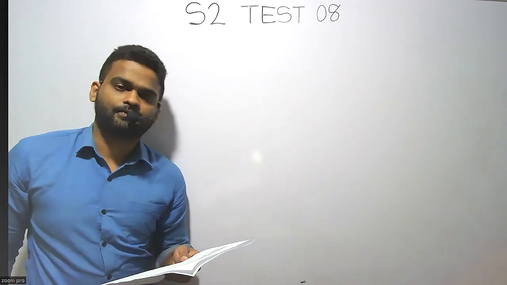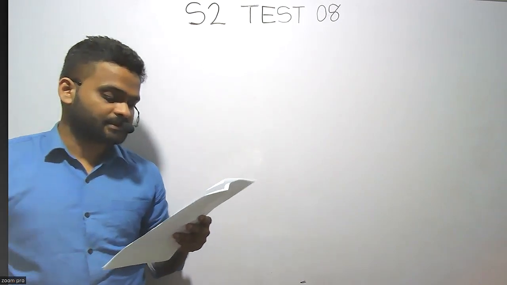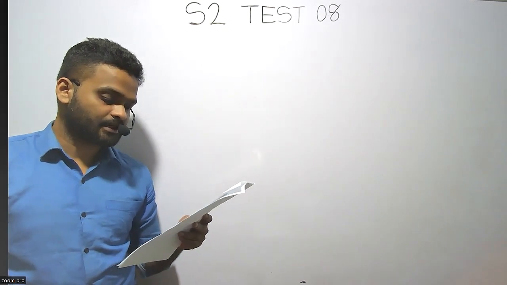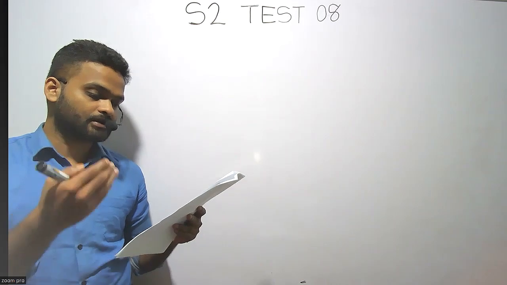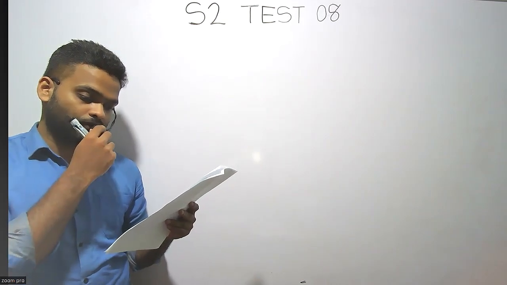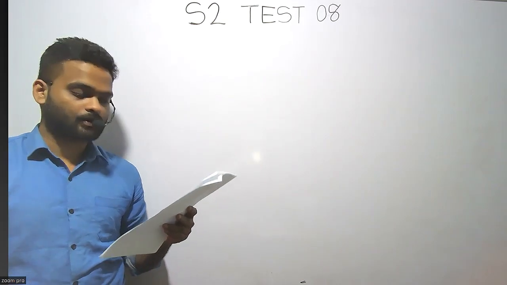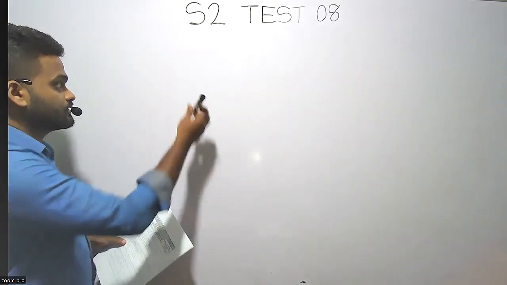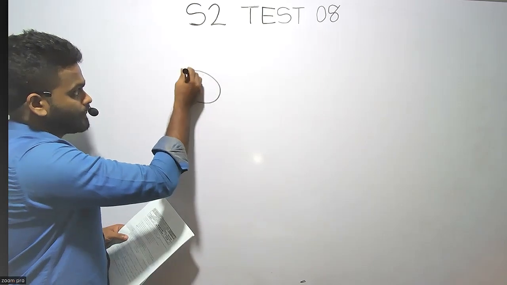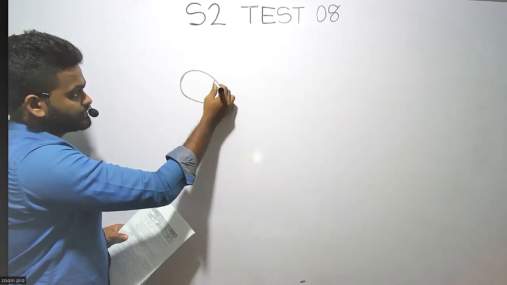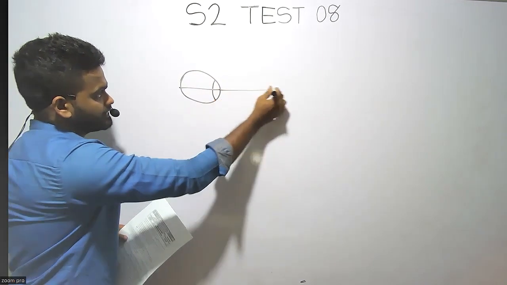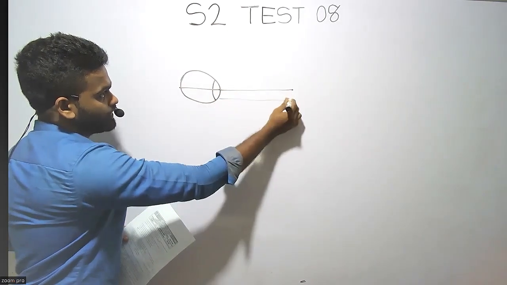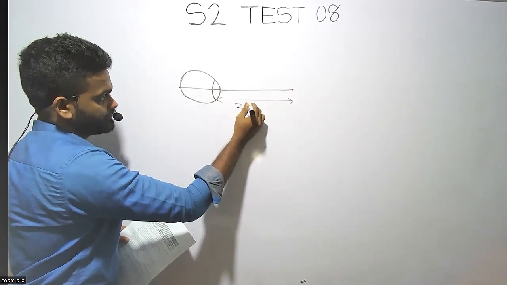Right, fourth question. A person cannot clearly see objects that are more than a distance of 250 centimeters. The focal length and type of lens required to prevent the defect is, right? So in this question, what they say is the maximum distance that the person can see is 250 centimeters.